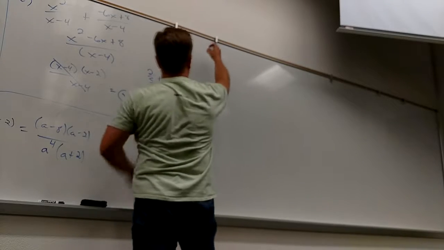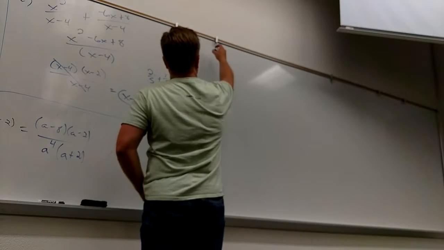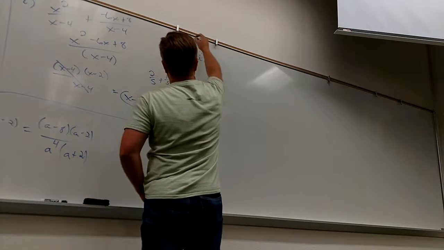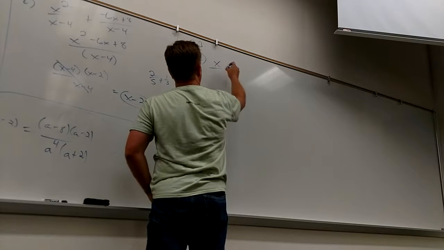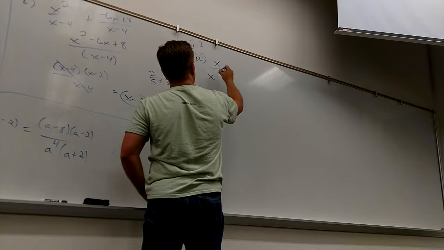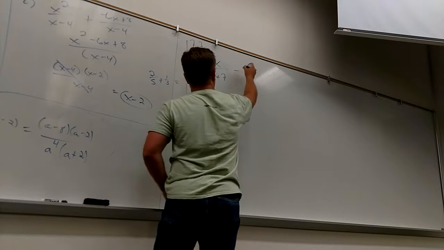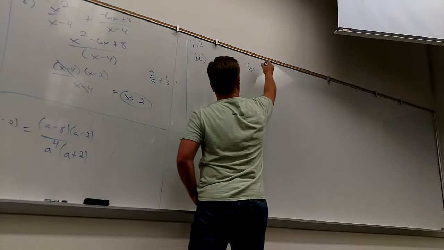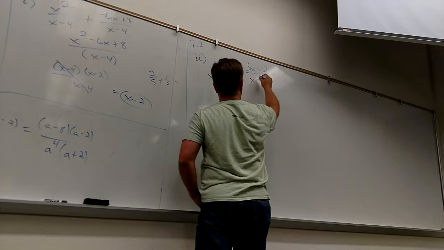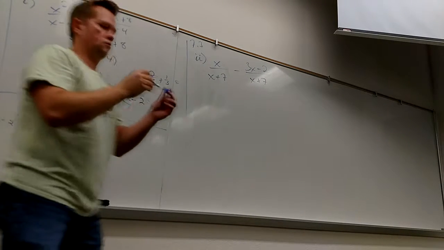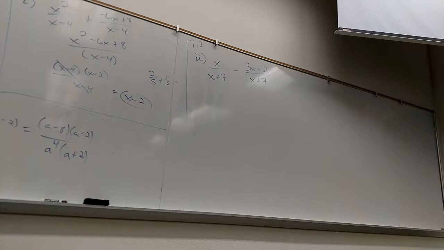What if I had, let's see, still 7.3. x over x plus 7 minus 3x plus 2. Let's make this minus 3x minus 2 over x plus 7. Can anybody pick up on the part of this problem that makes people make mistakes?